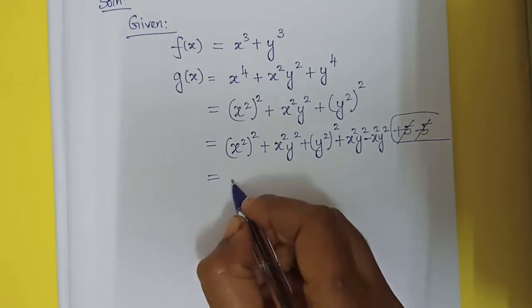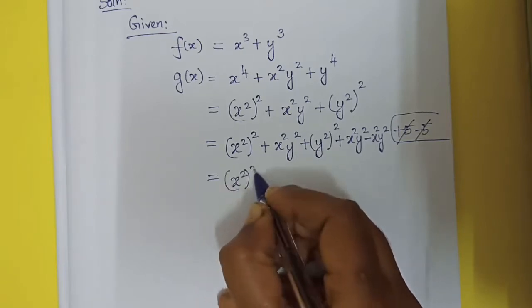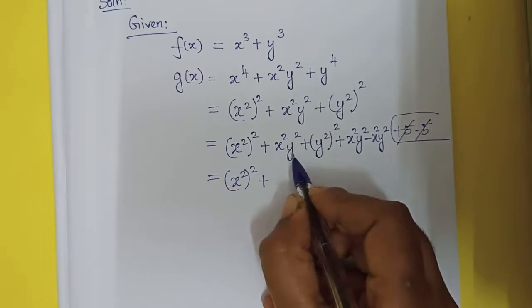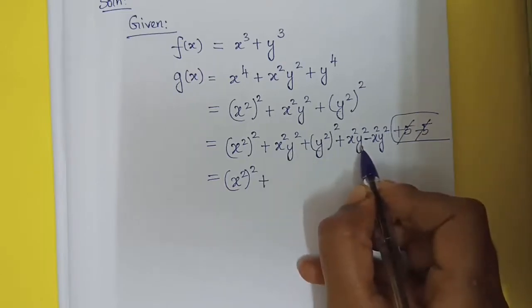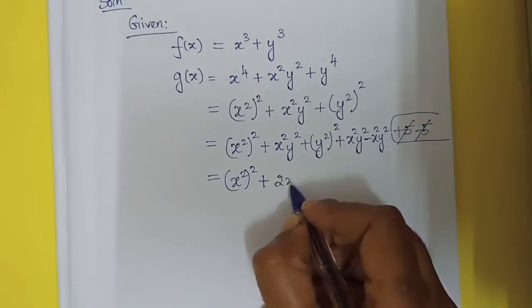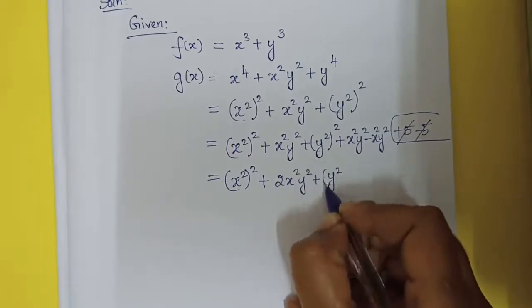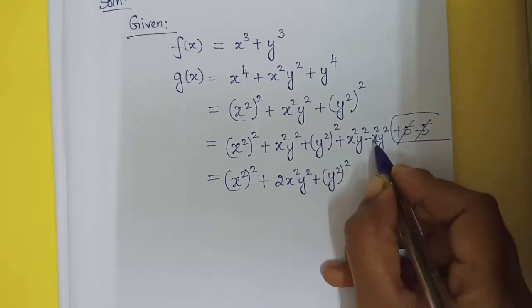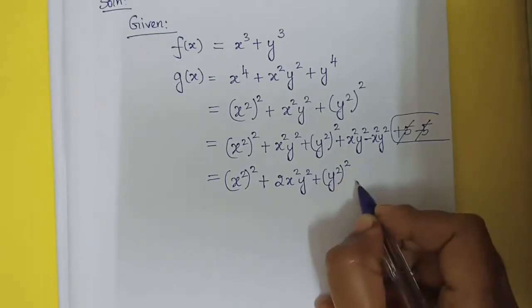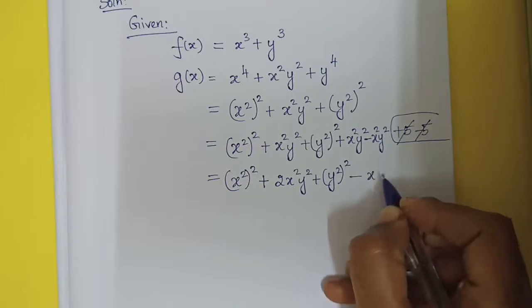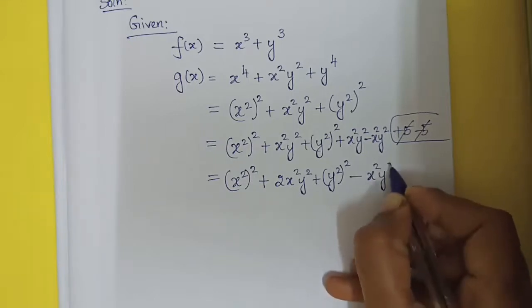So now listen: x square the whole square plus x square y square plus x square y square. Two terms are there, no? So 2x square y square plus y square the whole square. Now I am writing this minus term in the next line. So minus x square y square.